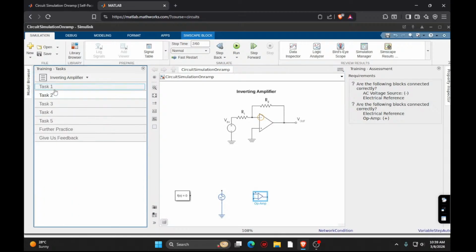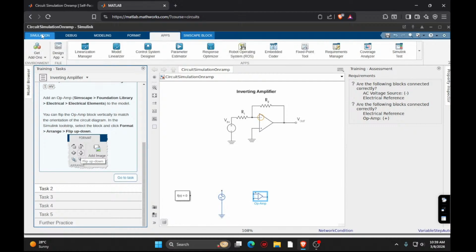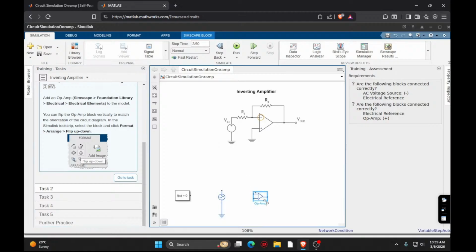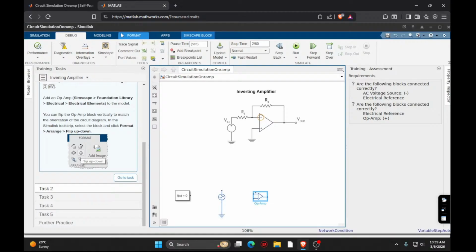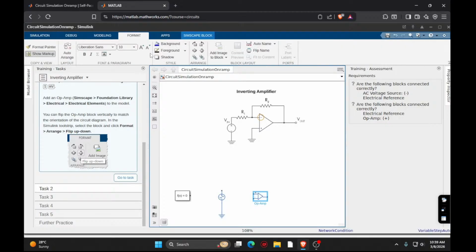For that I have to go to step 1 and flip down.